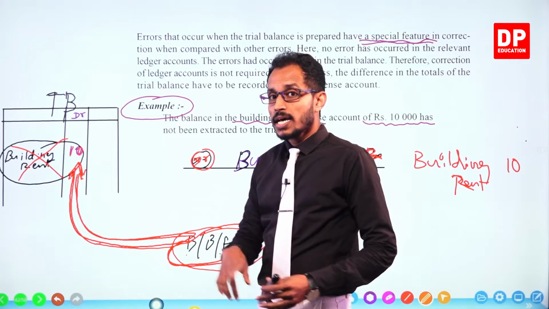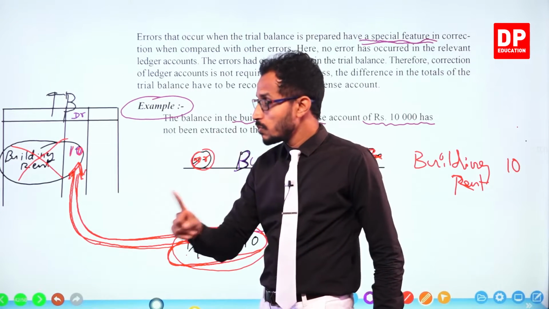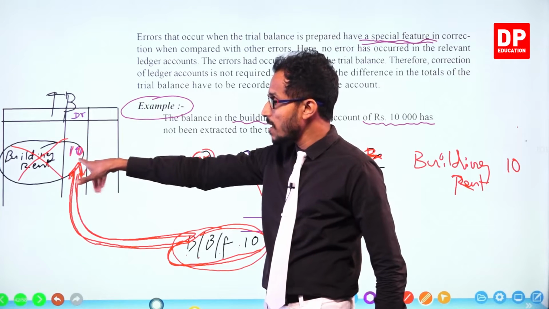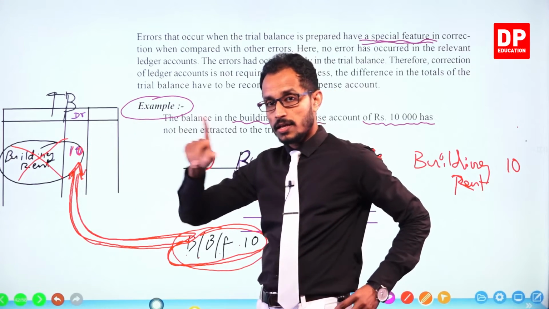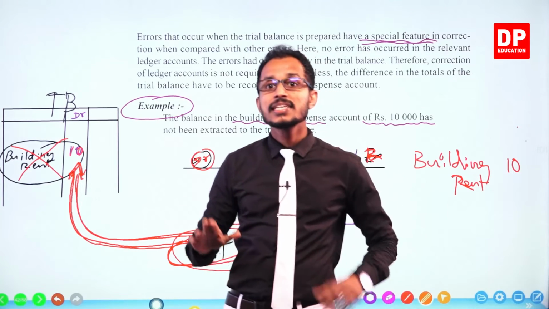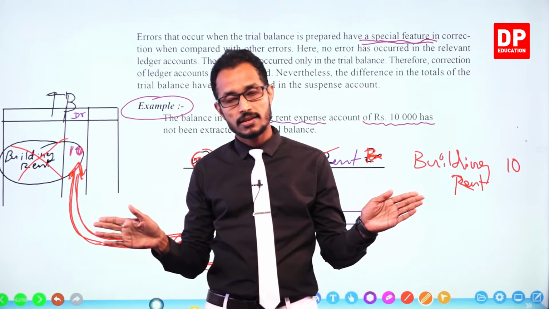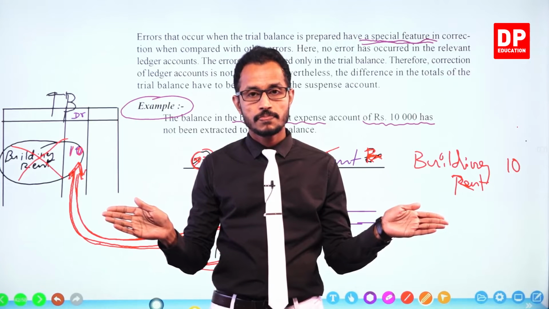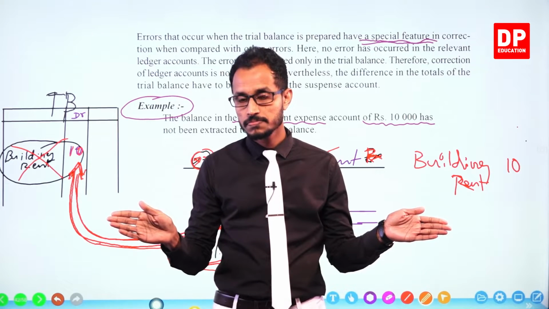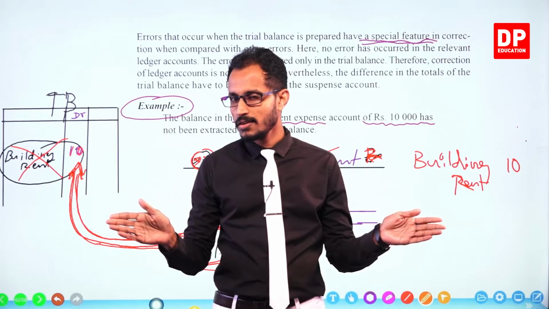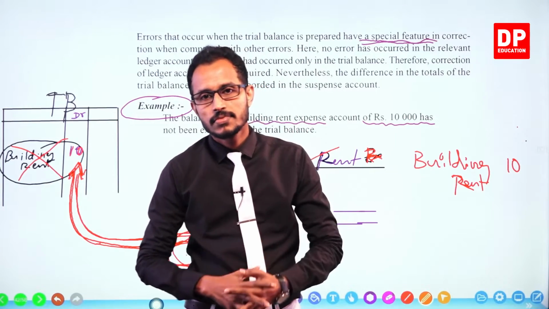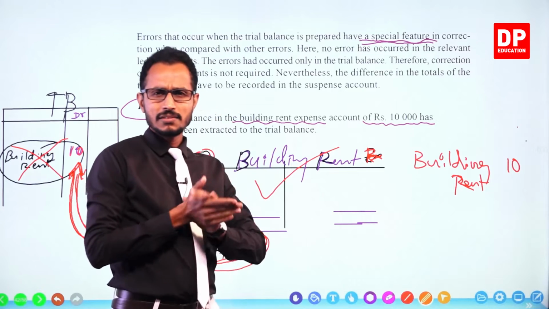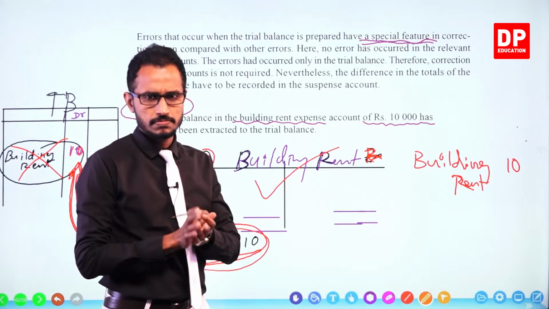So when you say trial balance debit 10,000, the double entry is suspense account credit 10,000. Did you understand this? Well, your faces say it's a little unclear, confusing.